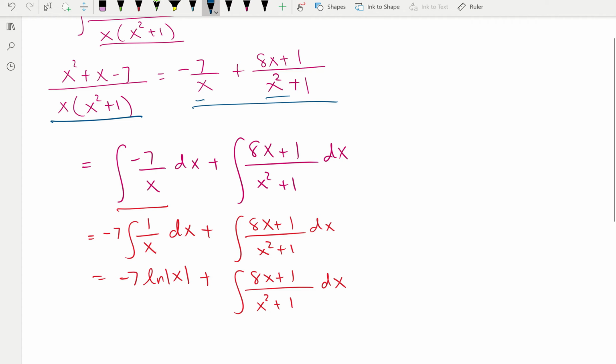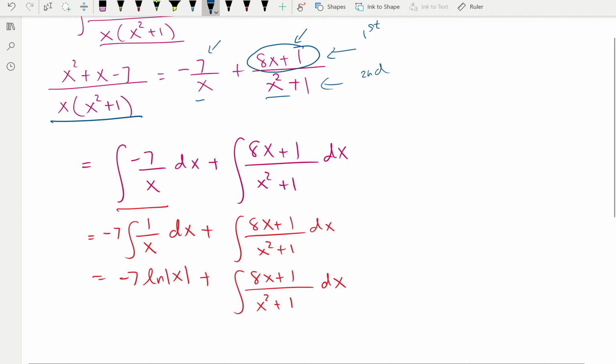Now coming up with the numerators in the decomposition, the way we decide these numerators is that we make sure the numerator is a polynomial of degree 1 less than the denominator. That is why we have a first degree polynomial in the numerator here, because we have a second degree polynomial in the denominator. So 2 minus 1 is 1.